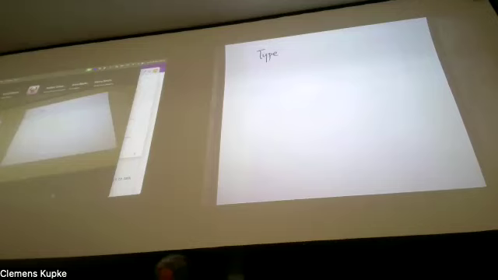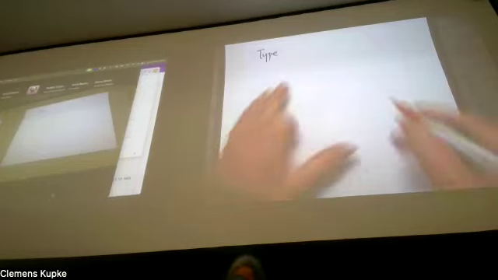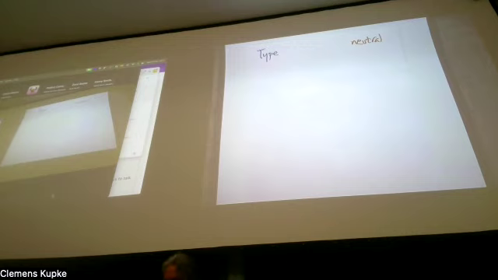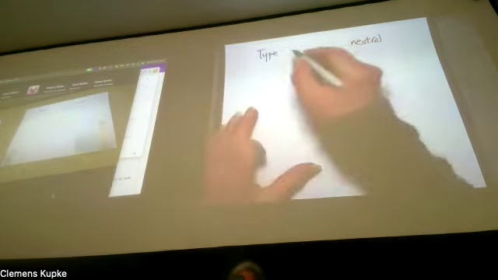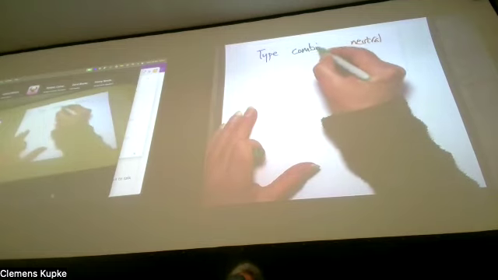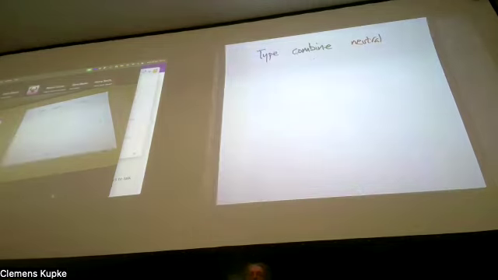I need a red pen. We need a neutral. And we need a combine.